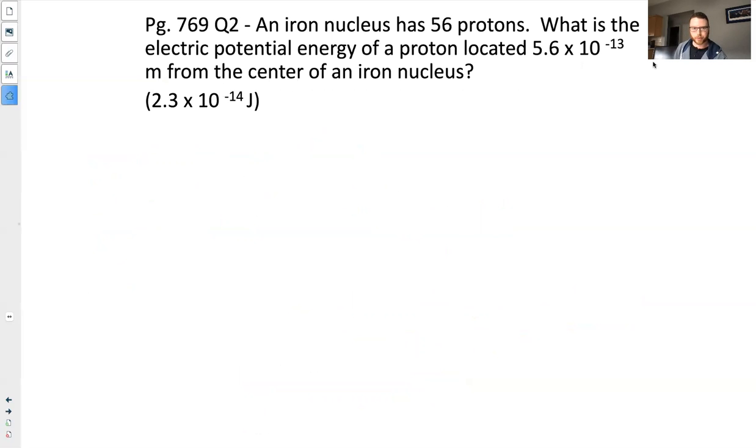So we have an iron nucleus, which has 56 protons. And again, a proton has the same elementary charge as an electron, just positive. So the charge of 56 protons is equal to 8.96 times 10 to the negative 18 coulombs.